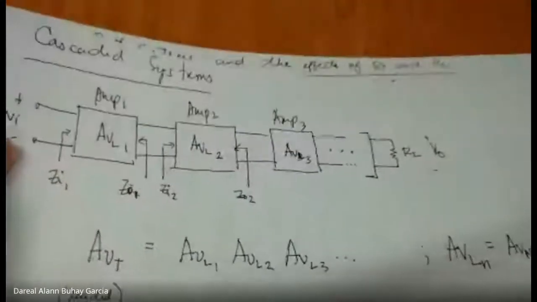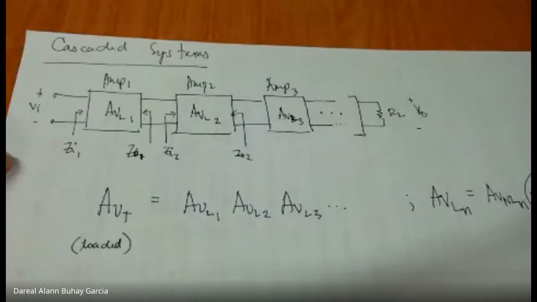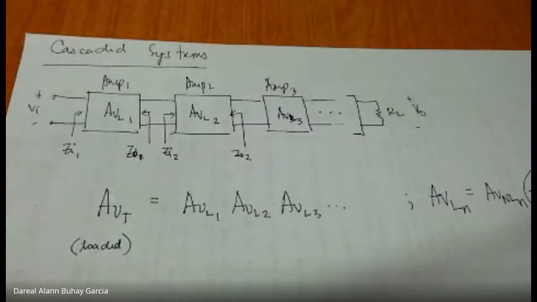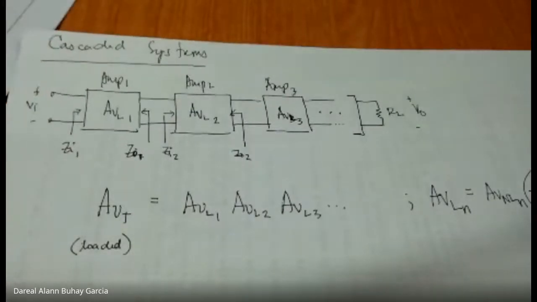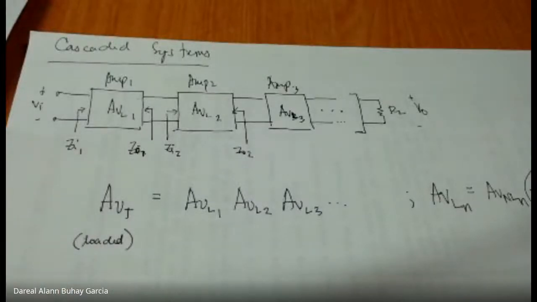Although it's trivia, maybe you have encountered the answer to my question in comms. But it's still important for us to know. Why do you think the first stage should have the largest input impedance possible?